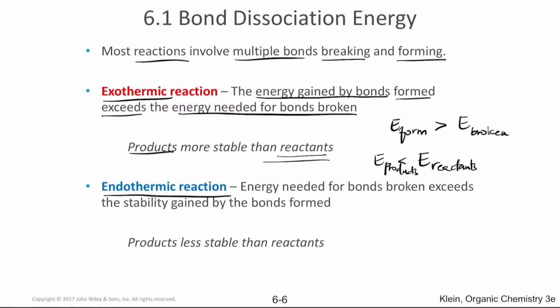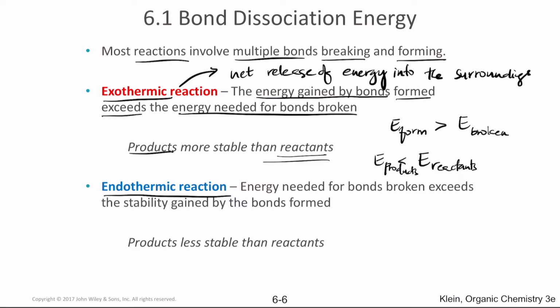In an exothermic reaction, there is a net release of energy into the surroundings. In an endothermic reaction, there is a net absorption of energy from the surroundings.